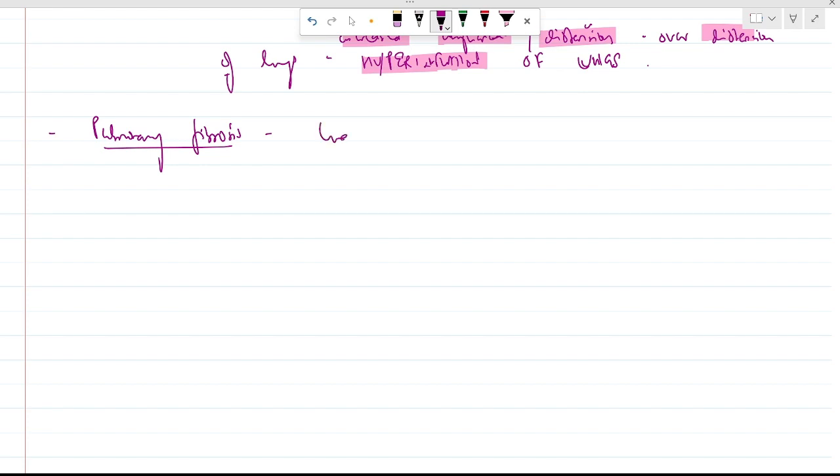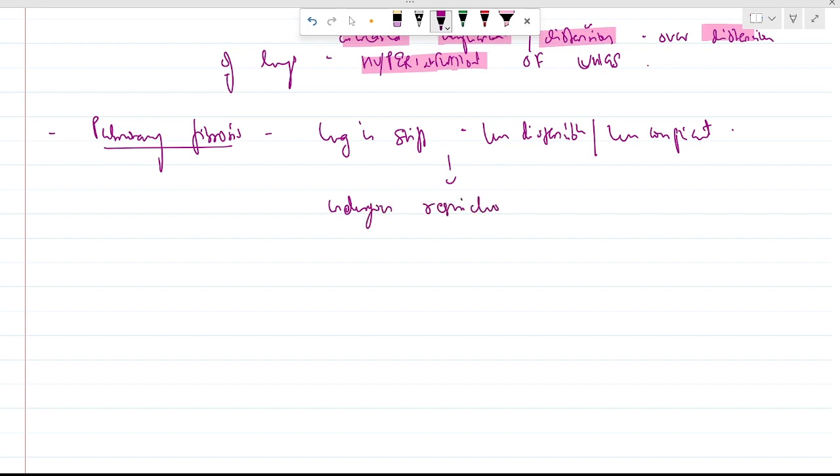What happens is that the lung is stiff, less distensible or less compliant, for which it undergoes restriction. This is called restrictive lung disease, RLD.